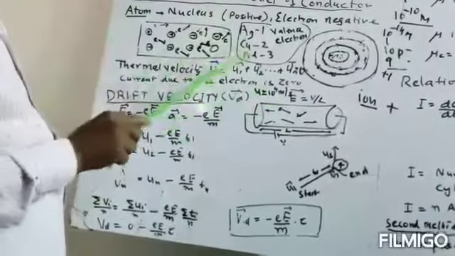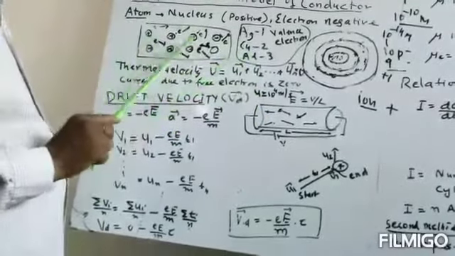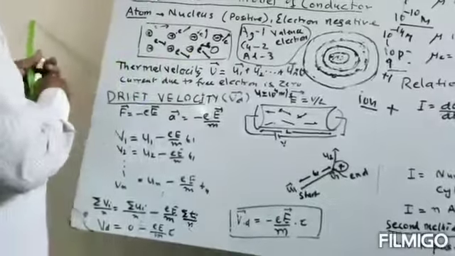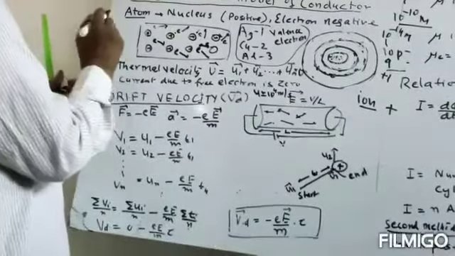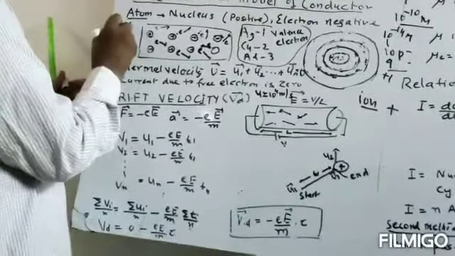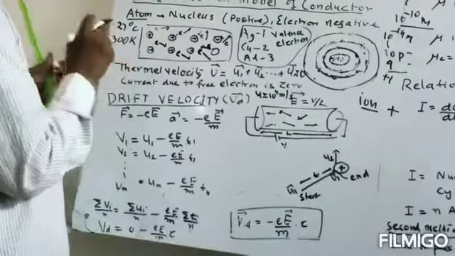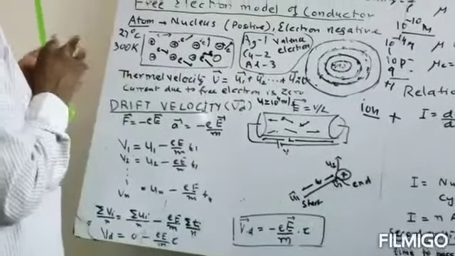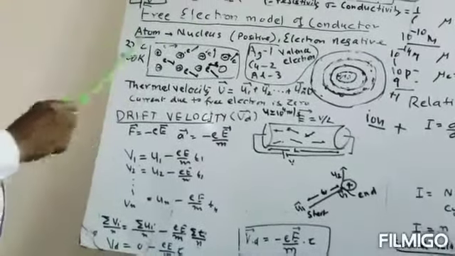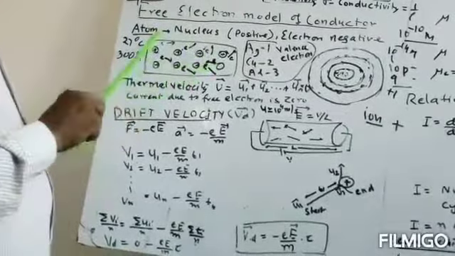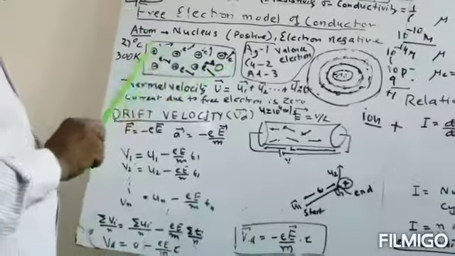The room temperature of the conductor is nearly 27 degrees Celsius, which is equal to 300 Kelvin. At this temperature, these electrons are not at rest. The positive ions are at rest.